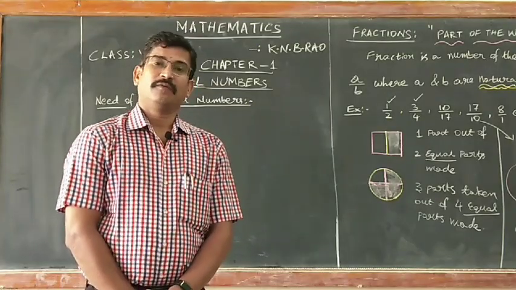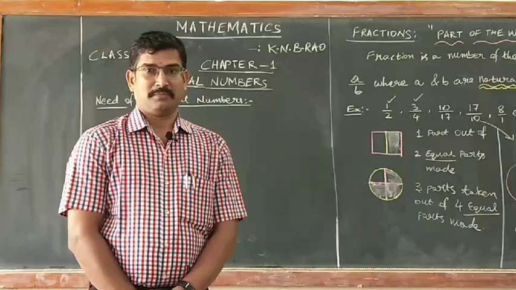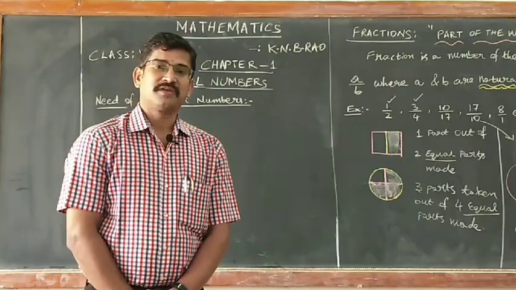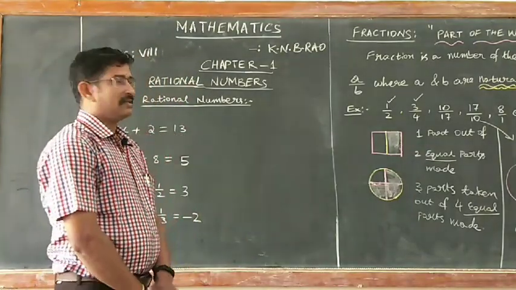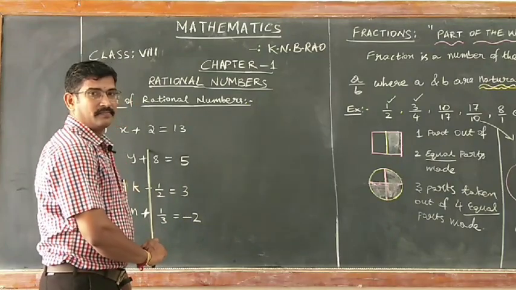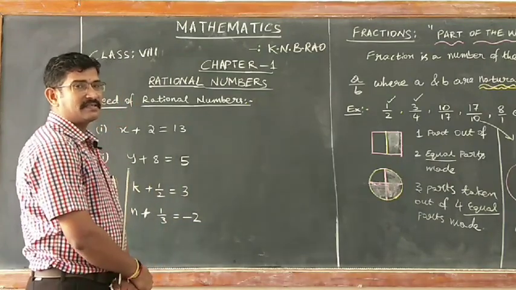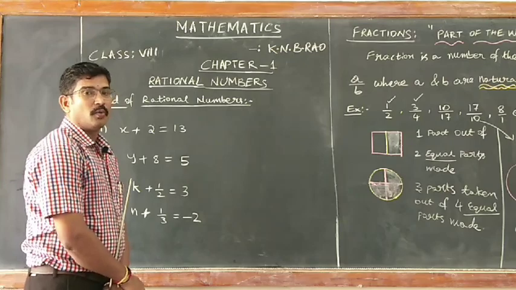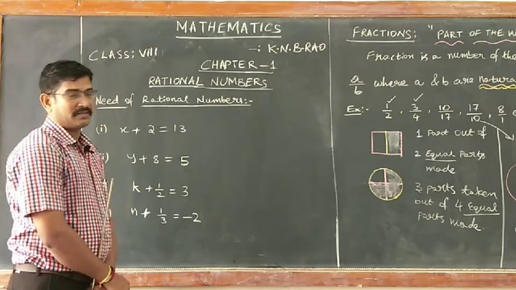Hello children, now we will look into the need of rational numbers. Try to observe here. I have given some simple equations. In these simple equations, we will come to know what is the need of rational numbers.